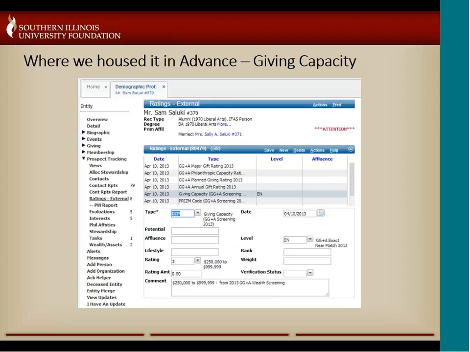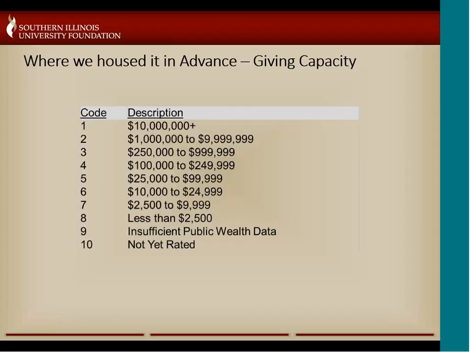We also have another level that we've added, and that's verified, which means that our prospect research staff have gone out and made certain that that is that person and that is the level that we believe they are based on the information we have. And you can see the giving capacities go all the way up to 10 million plus. So that's the coding that we used for that. Basically, Grenzebach Glier coding just applied in advance.